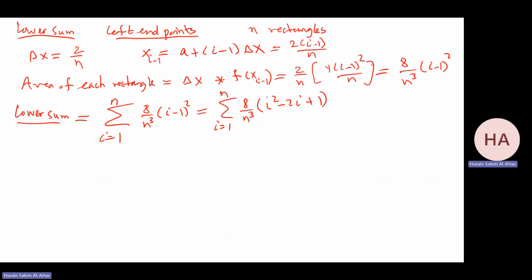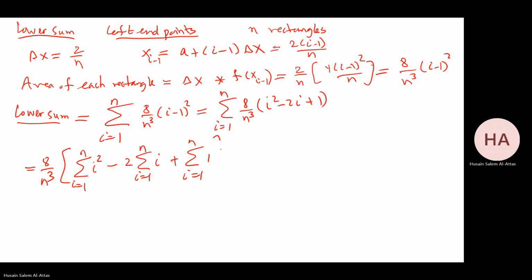Okay, now we'll do the calculations. That will be 8 over n cubed, so I can take it out. The summation will be summation i equals 1 to n of i square minus 2 summation i equals 1 to n of i plus summation i equals 1 to n of 1.